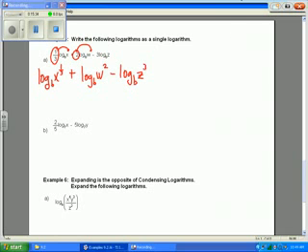Okay, good. Now, that was the first step, but we have not condensed it into a single logarithm yet. When these are adding, what are those? They're going to multiply. So what I'm going to have as my final answer is this. Log base b, and then my x to the 1/3 is going to multiply w squared.